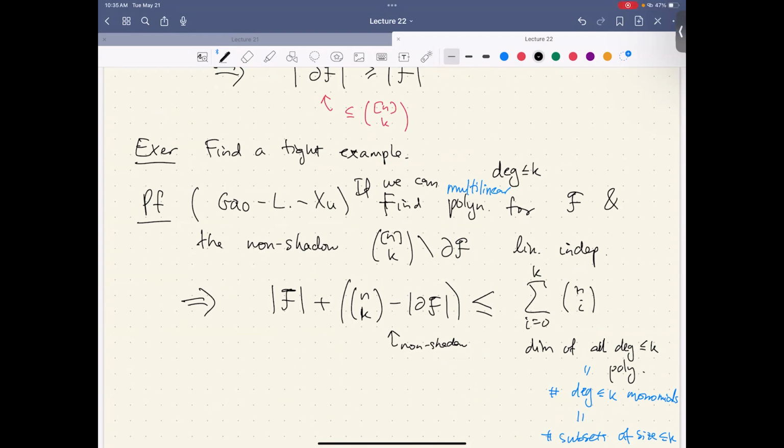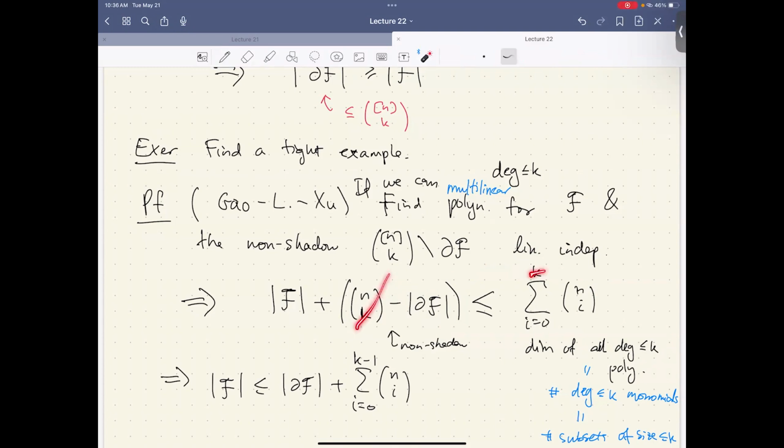This is almost good. Why almost good? Let's solve this inequality. If you solve it, we move the non-shadow to one side and cancel the k-th layer, and we will get that F is at most its shadow plus the lower layers, the sum of n choose i, i goes from 0 to k minus 1. Cancel this.